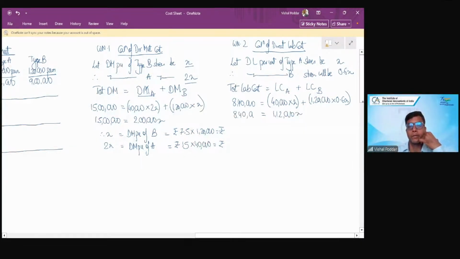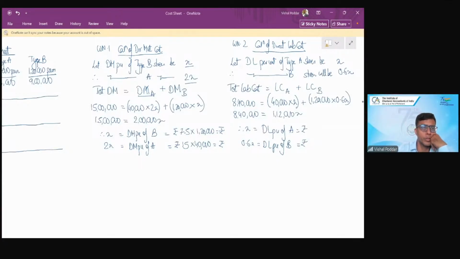Therefore, tell me, students, how much would x be, which is direct labor per unit of A? Direct labor per unit of B? Anurag has given me an answer: 7.5 and 4.5. This is what Anurag tells me, same as Manivanan.